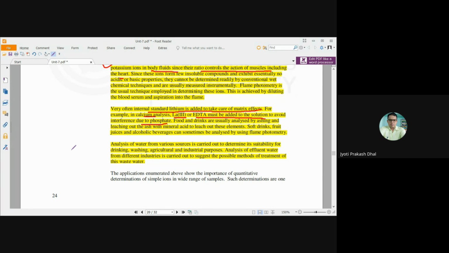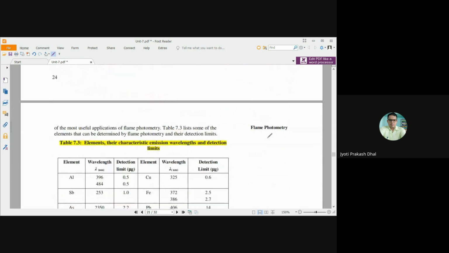Food and drinks are usually analyzed by ashing and leaching out of the ash with mineral acid to leach out the elements. Soft drinks, fruit juice, and alcoholic beverages can sometimes be analyzed using a flame photometer.